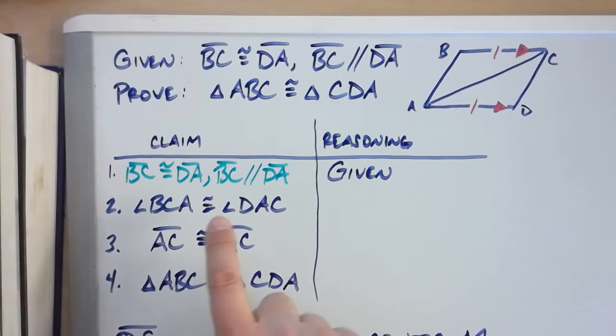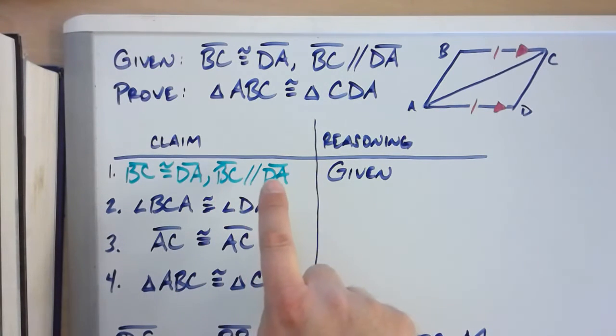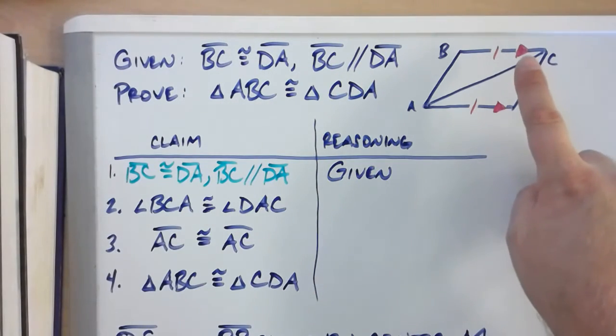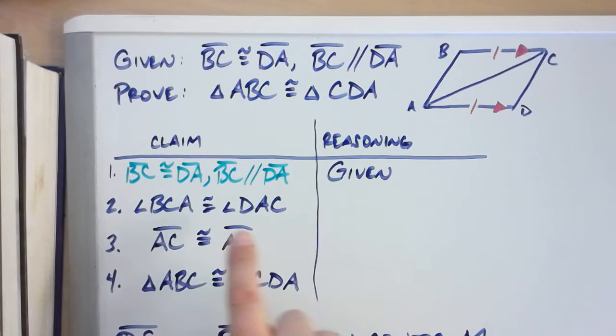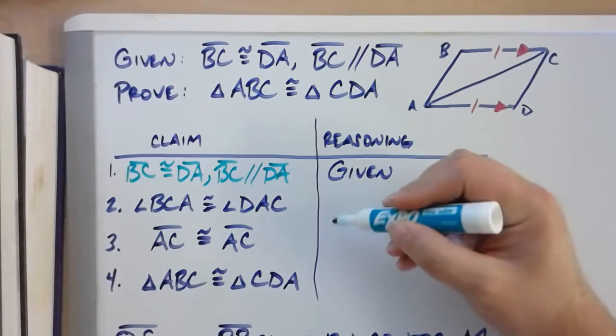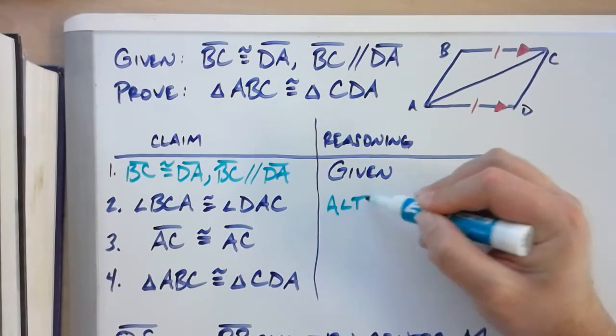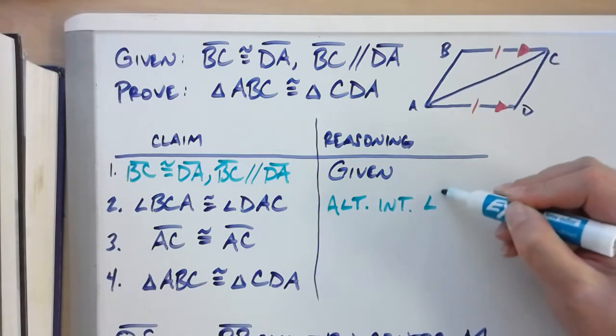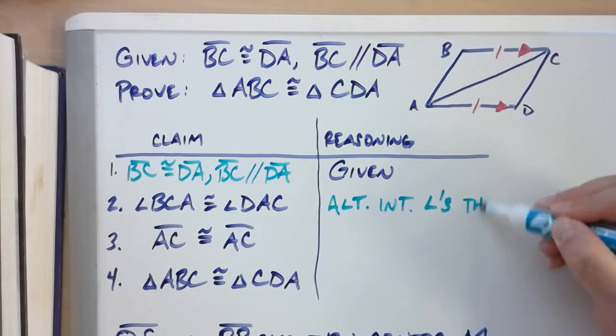This actually goes back to this piece of information here. Because BC is parallel to DA, shown by these red arrows, this has to be true. And this is a callback to chapter 10. Why do these angles have to be true? The name of this is the alternate, I'm going to abbreviate, alternate interior angles theorem.